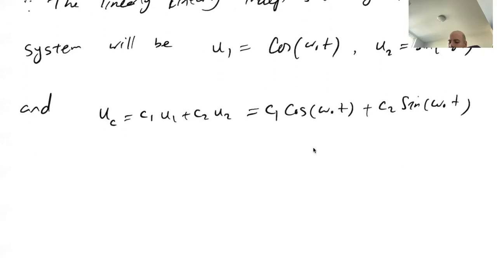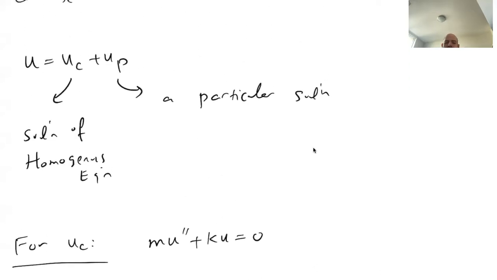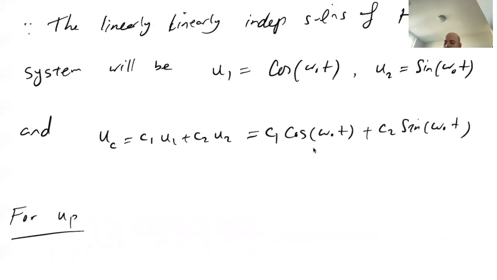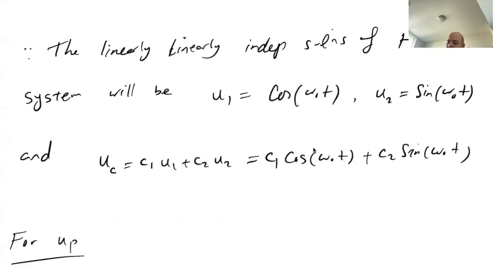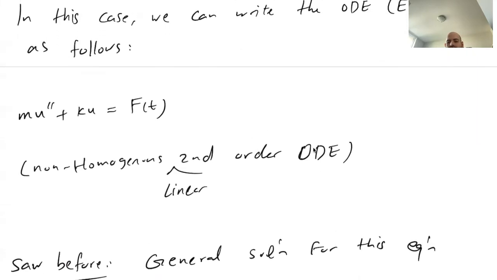This is for uc. Now for up, remember we have to find uc and up, and then the general solution will be uc plus up. Now for up, we have to make an assumption for our f of t, because we are assuming that f of t is non-zero. But which non-zero function? Here we'll assume that f of t is a function of the form f naught times cos omega t.